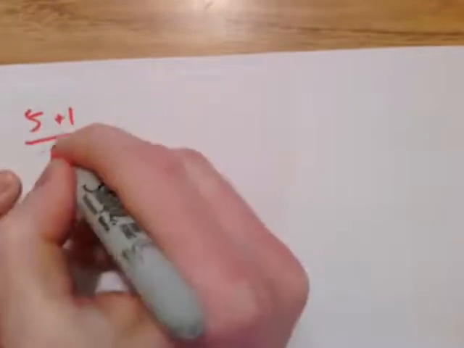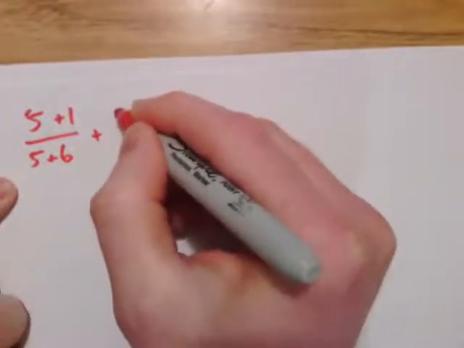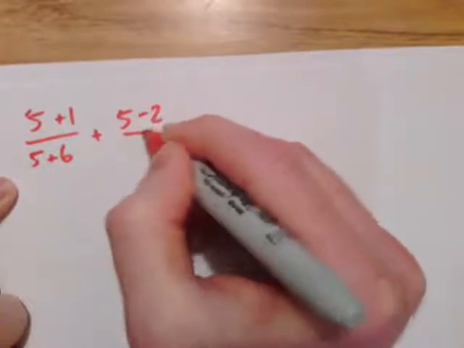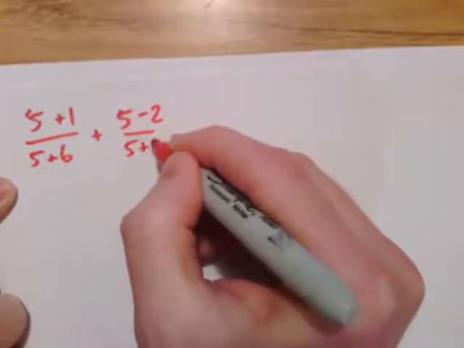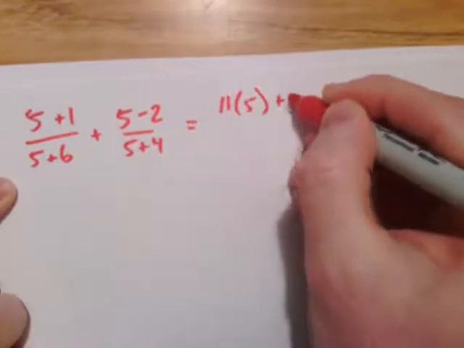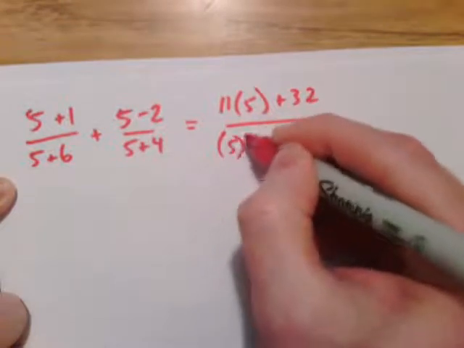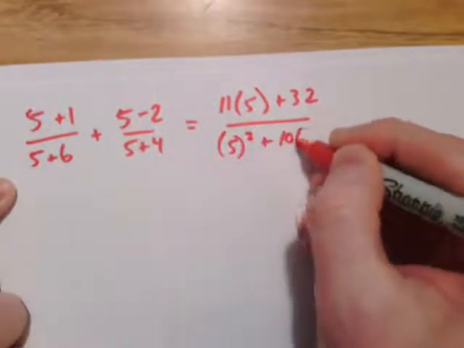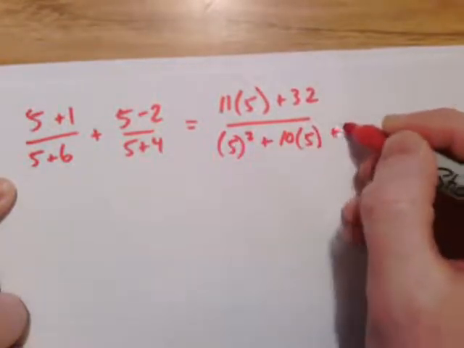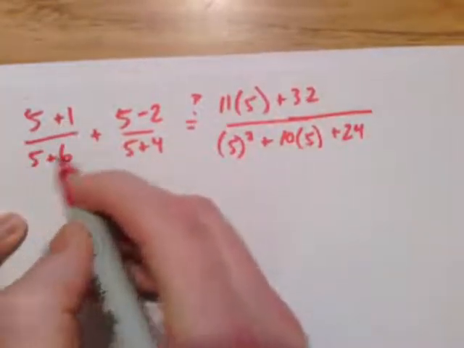So we have 5 plus 1 over 5 plus 6, plus 5 minus 2 over 5 plus 4, equals 11 times 5 plus 32. And then 5 squared plus 10 times 5 plus 24. Now we're checking to see if this works. 6 over 11.